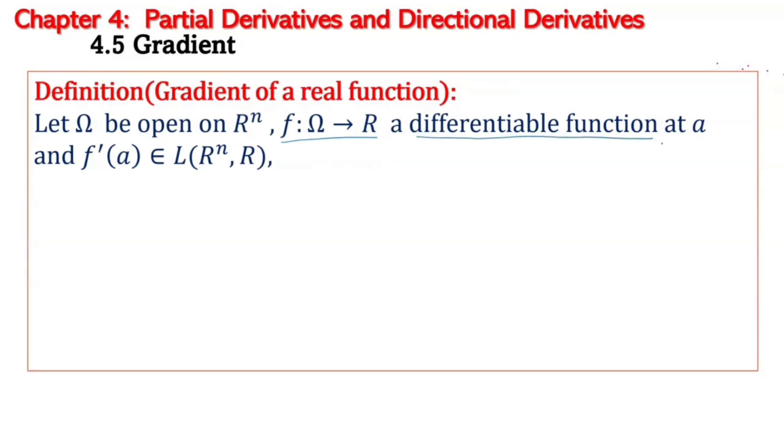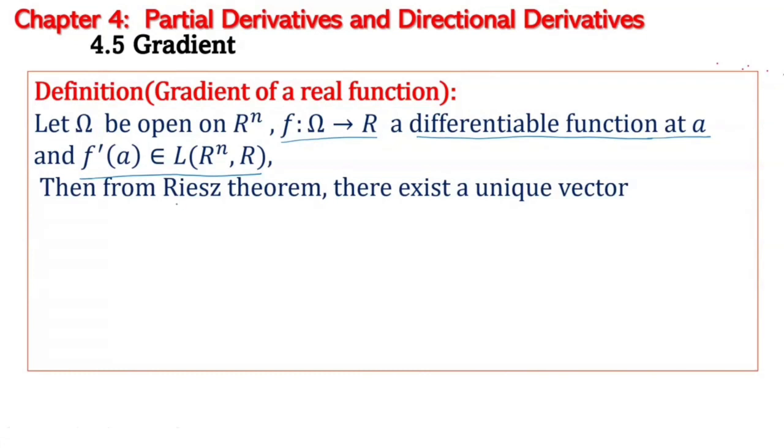So we are starting with the condition that the function is differentiable at a, and f'(a) is linear from Rn to R. Here the function is from Omega to R, not Rn to Rm. It is Rn to R.